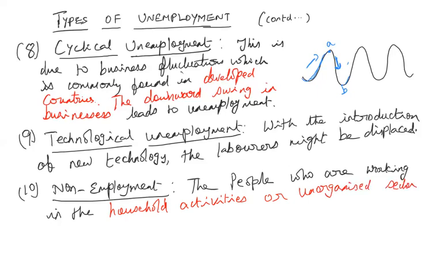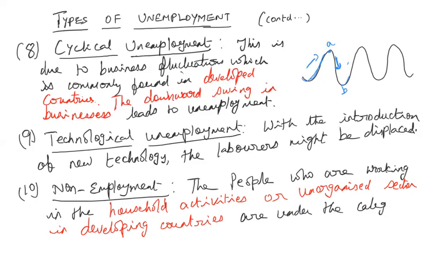Mostly this is found in the developing countries, because in developing countries the segment of the unorganized sector is more than the organized sector, or under the category of non-employment.